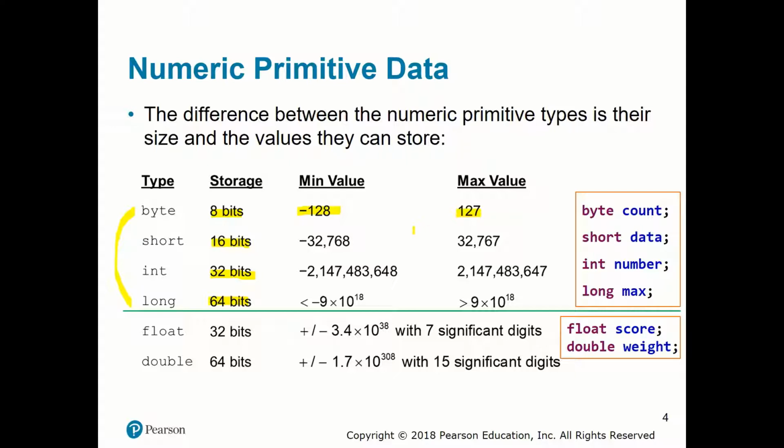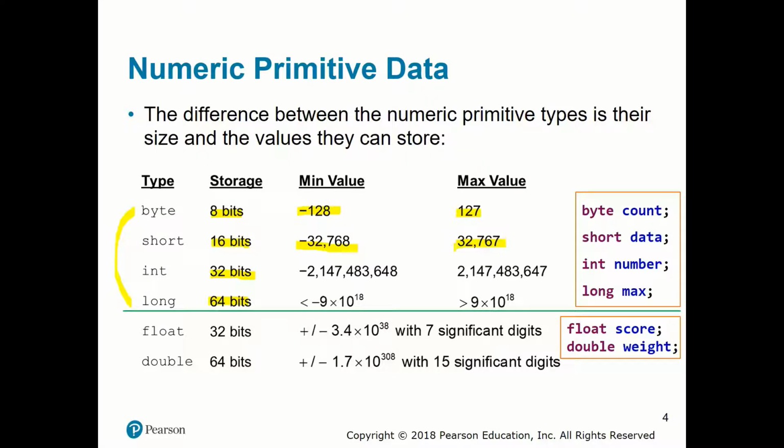The short data type provides 16 bits. So the smallest value that can be stored in a short type is -32,768. And the largest number in short type is 32,767. So if you want to store an integer 40,000, then it is impossible to use a short data type.